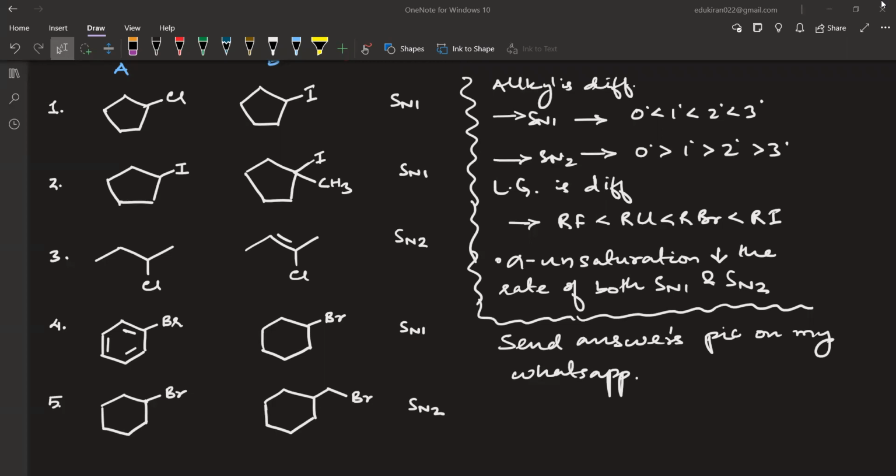You have to just give an arrow. This is faster, this is faster, which is faster, like this. Nothing else. Okay. Arrow means, like, greater than sign, lesser than sign is okay.